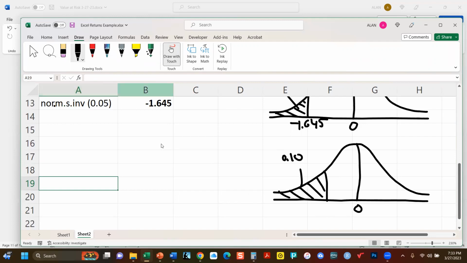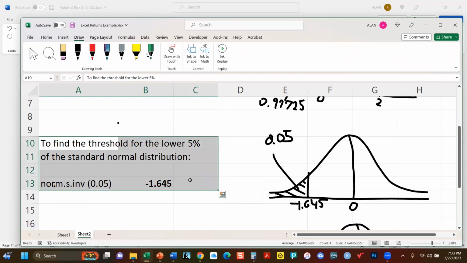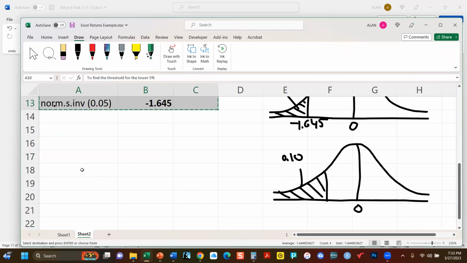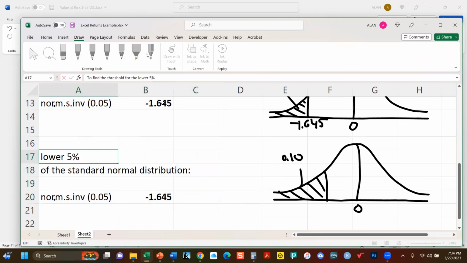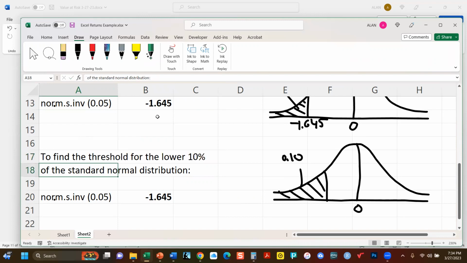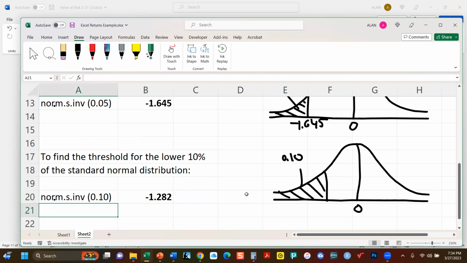All right, let's find out. To find the threshold for the lower 10%, you would change this to 0.10. I'm going to change that to 0.10, and it turns out to be about negative 1.282. Let's put that here.